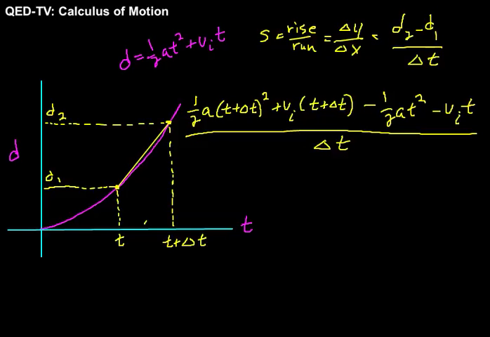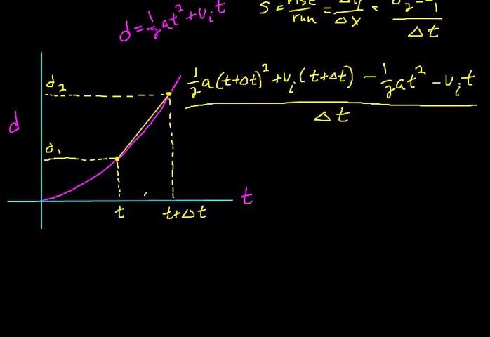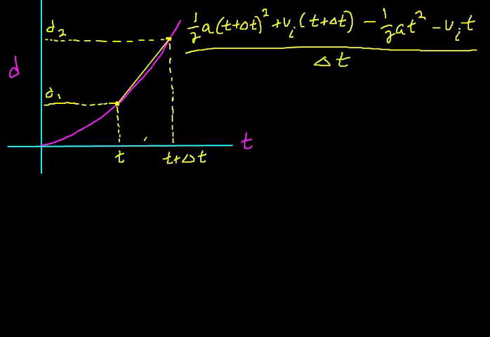Okay, so this is going to get a little ugly here. So we're going to have to scroll down a little bit and start over a little further. Let's use some green. Maybe we should do this slowly. Let's redo this. So I have 1/2 a times, I'm going to expand this out here.